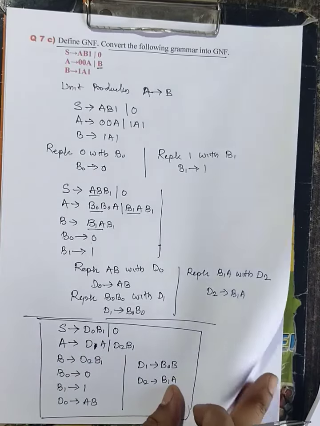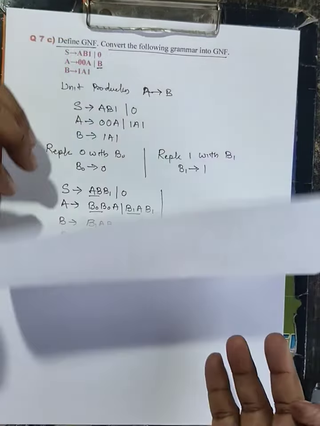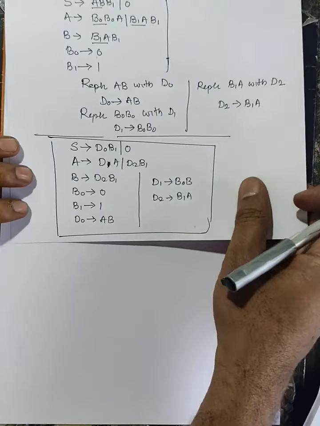Now the CNF grammar is converted into GNF. How to convert this grammar into GNF?